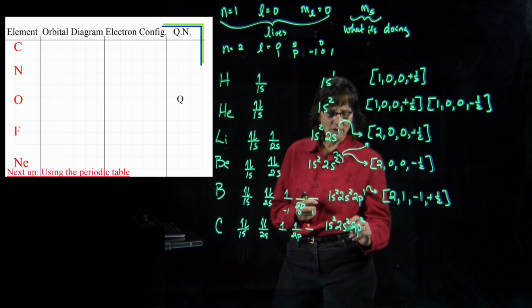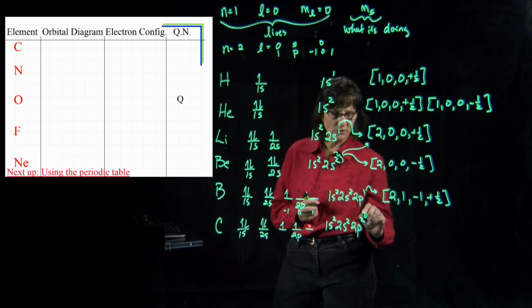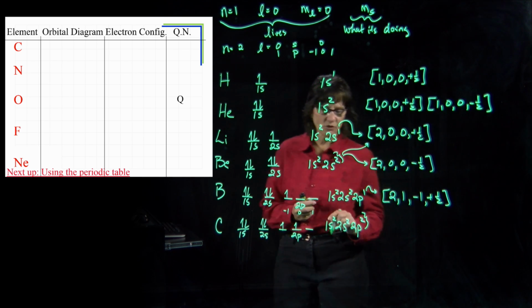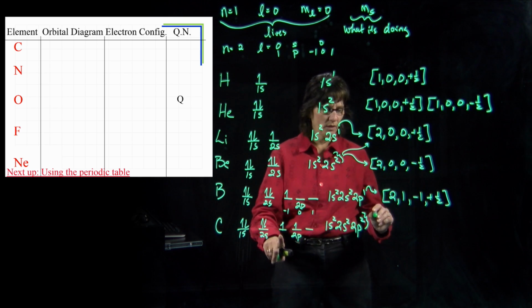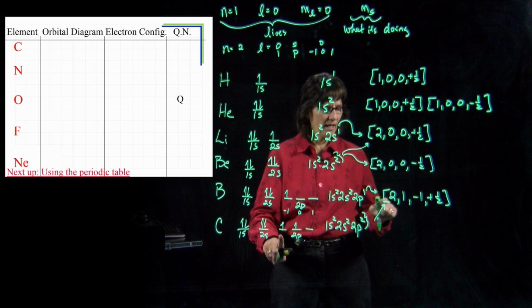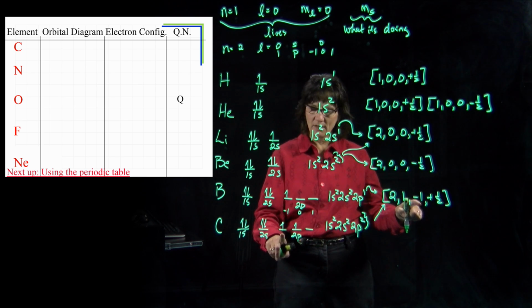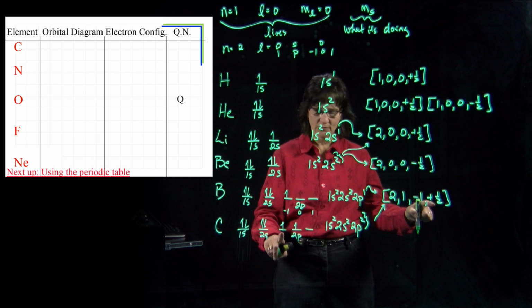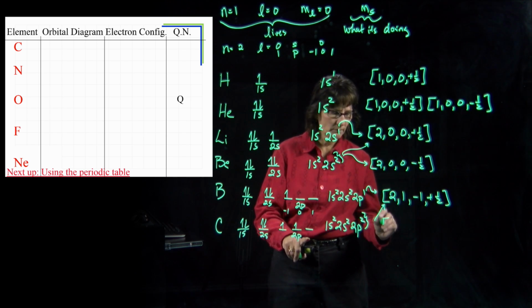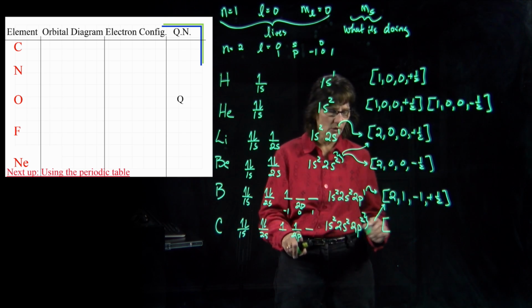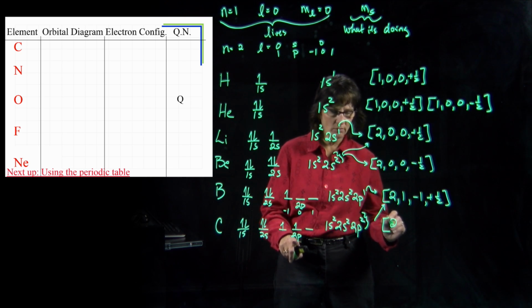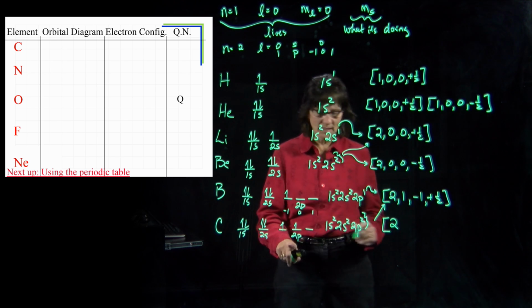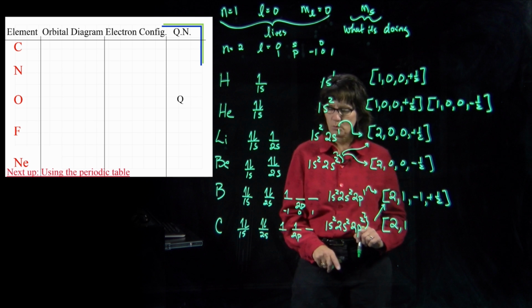So if we did the quantum numbers of these 2 electrons that I put in, these 2 right here, the first one is this guy. Okay, it is 2, 1, -1, plus 1/2. The next one, okay, that I'm putting in here, it's in the same shell, so it's still a 2. It's in the same subshell, so it's still a 1.